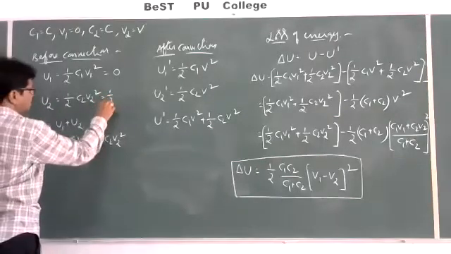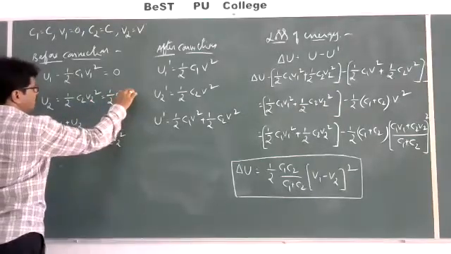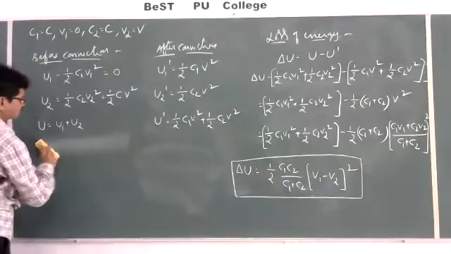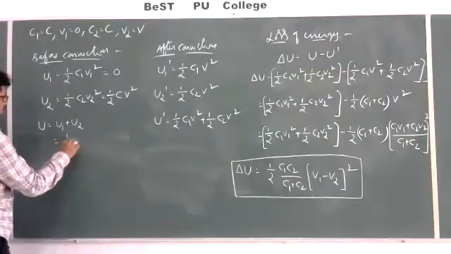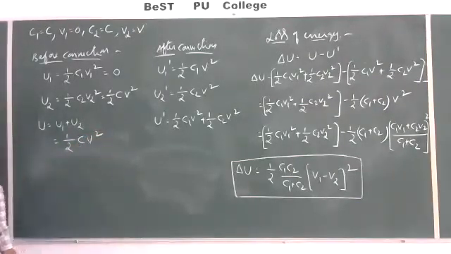Half C2 V2 square, where C2 is equal to C, V2 is equal to V, so half CV square. Then the total energy stored is U1 plus U2, which is equal to half CV square.